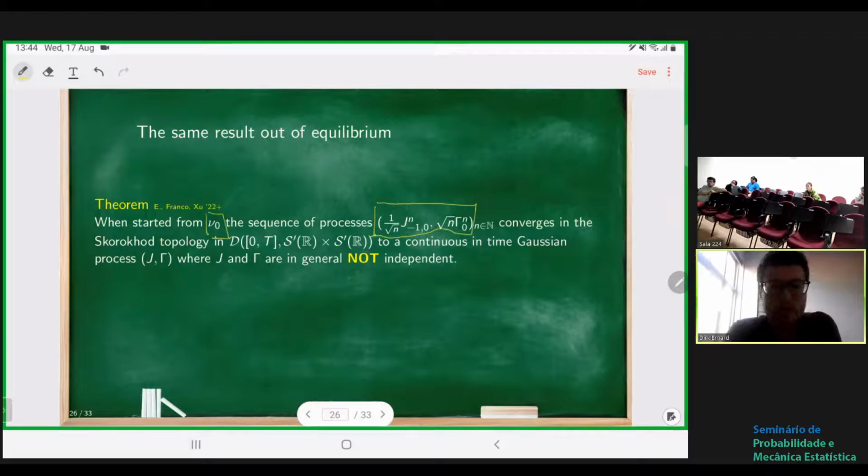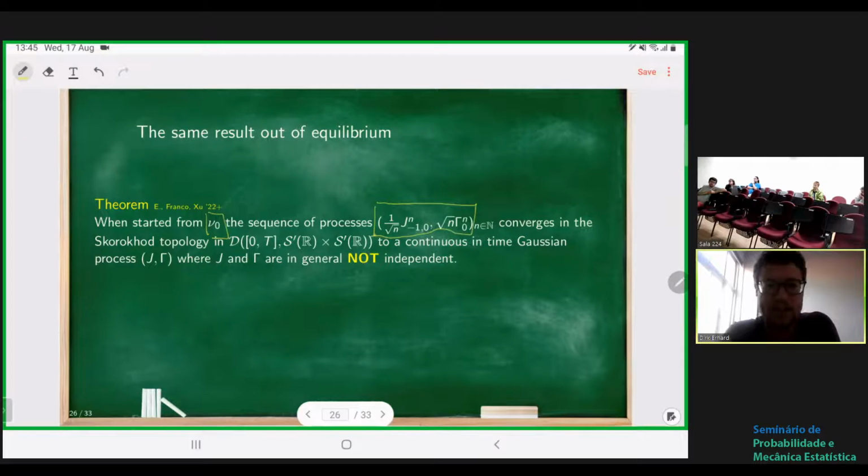So until now, I've been a bit sloppy, I didn't talk much about the mode of convergence. So let me just say two or three words about it. We are still writing this up, but we think that we have tightness for the occupation time and for the current. For the occupation time, it's not so difficult. But we think that we also have tightness for the current, which is a non-trivial issue because you need to estimate higher moments.